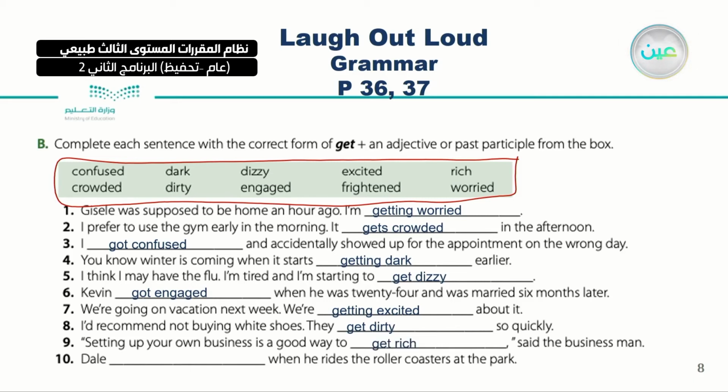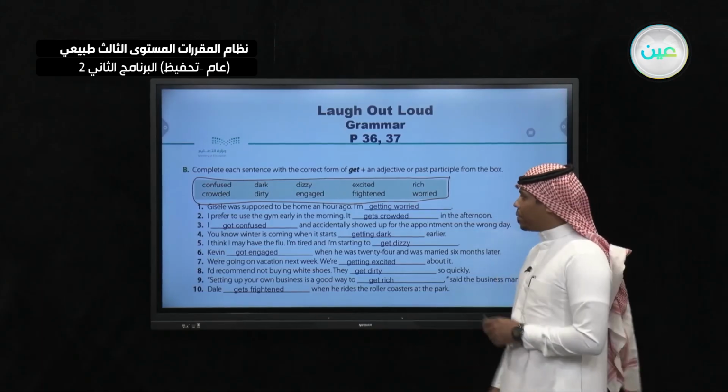And number 10: Dale, when he rides the roller coaster at the park, what happened? He gets frightened. So these were the answers to all these sentences. Very good. Now let's move on.